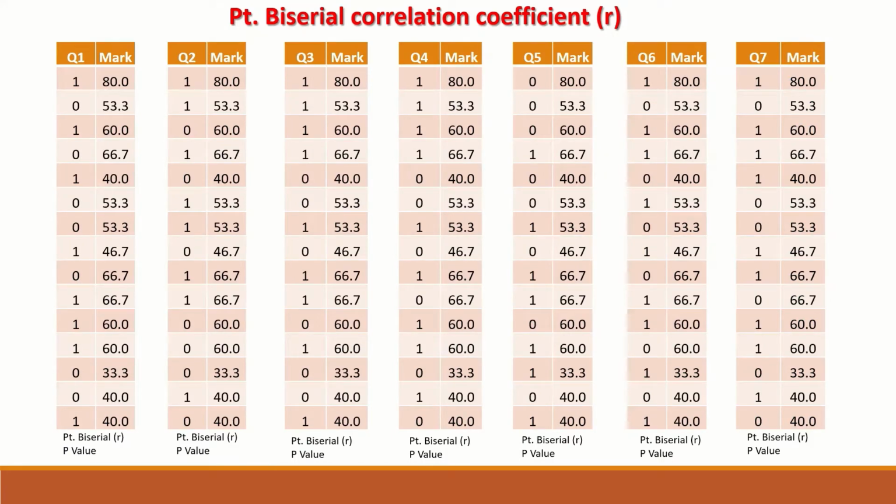To calculate the R, which is the coefficient, or to execute the point-biserial correlation statistical test, take every question with its scores 0, 1, and correlate that with the total mark for the whole group of students. And we do this for every question or every item to generate a specific R value for each question and a P value for that question. This is how it is done in a statistical package or software.